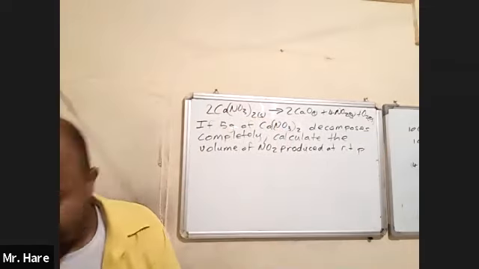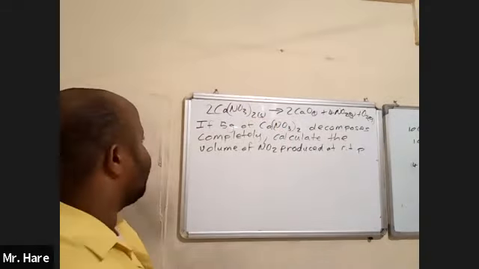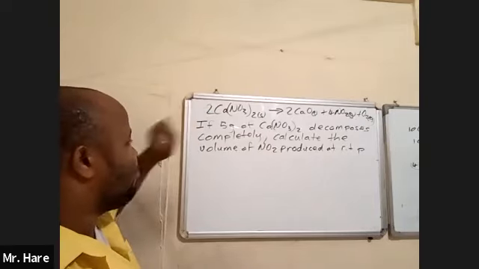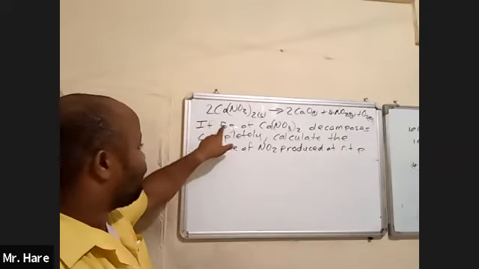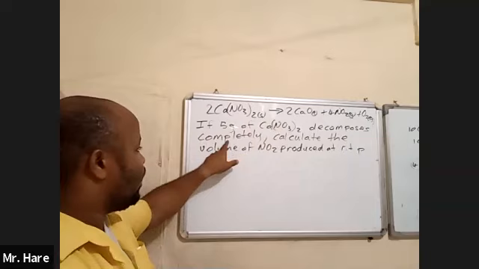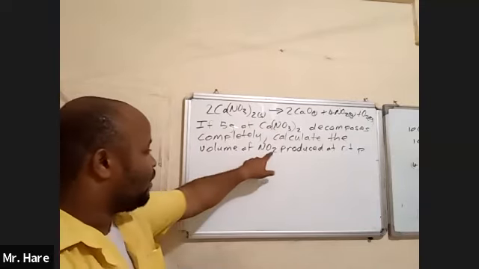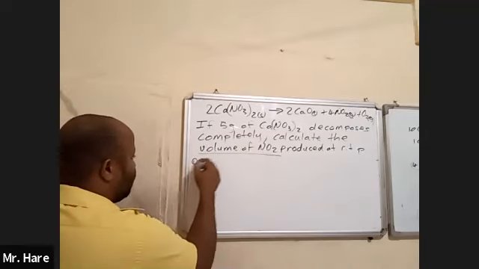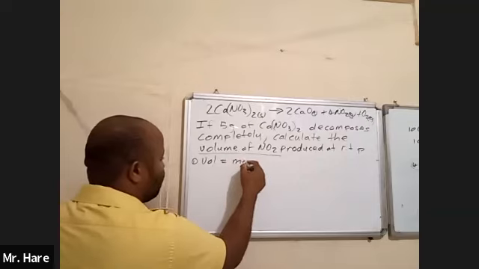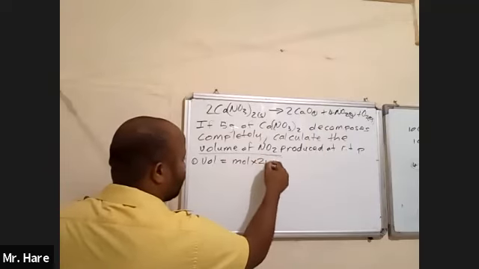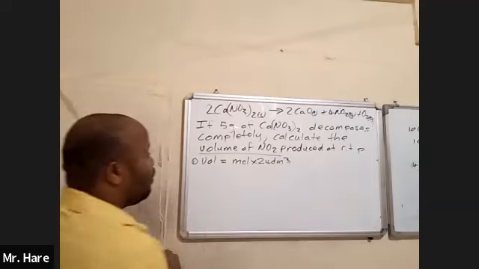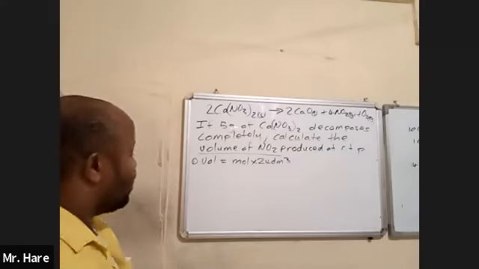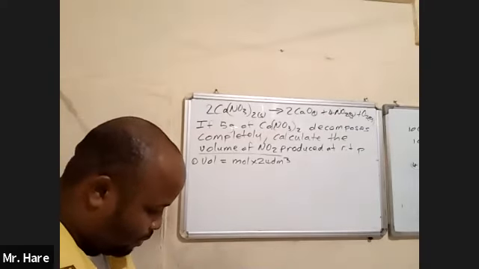Quickly, take a screenshot of the question. This is the equation for the decomposition of calcium nitrate. It says if 5 grams of calcium nitrate decomposes, calculate the volume of NO2. So they're asking for volume of NO2. Volume is equal to mole times RTP, so it's 24. However, what did they give us in the question? The mass, 5 grams.